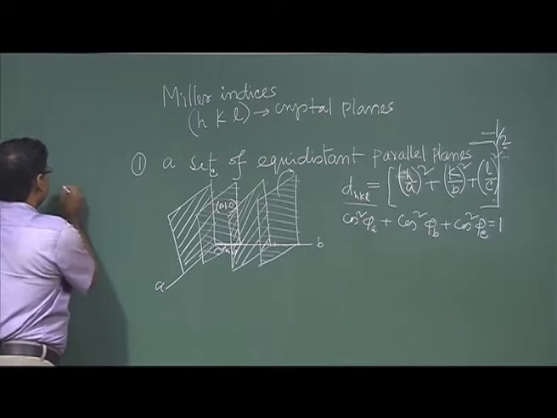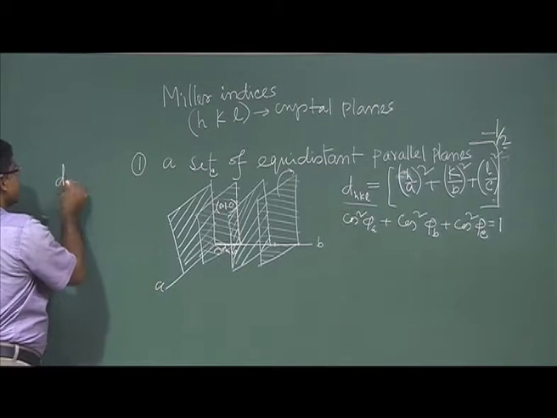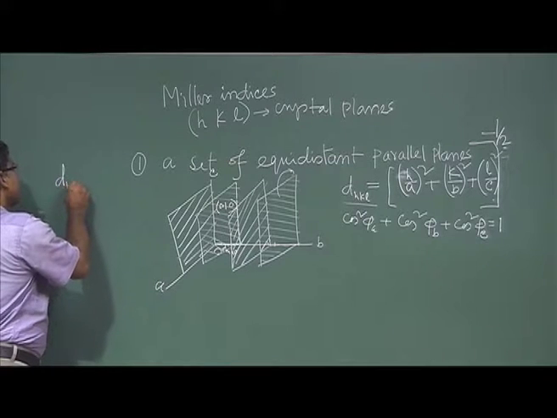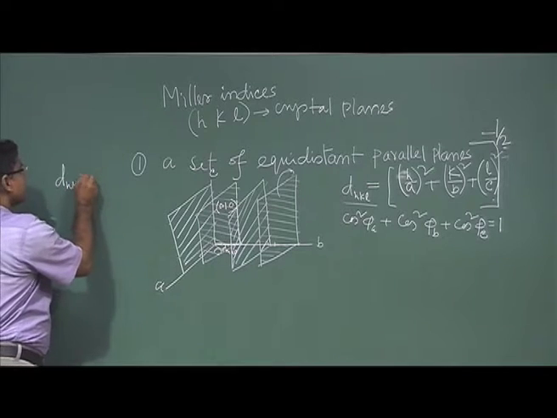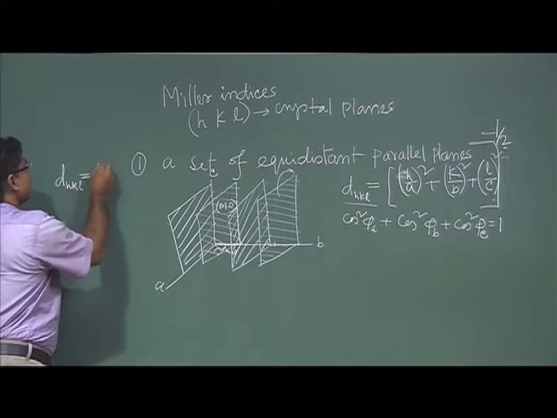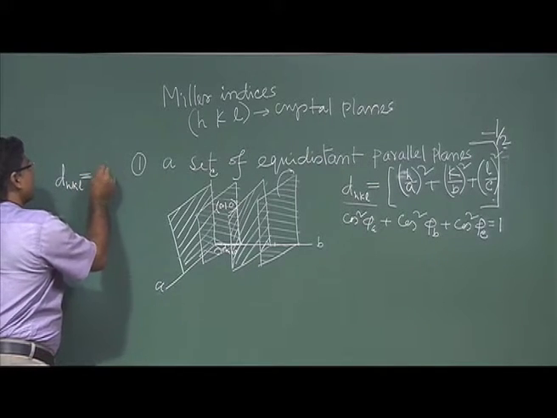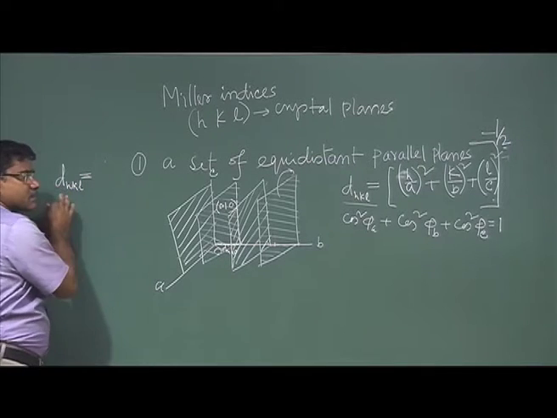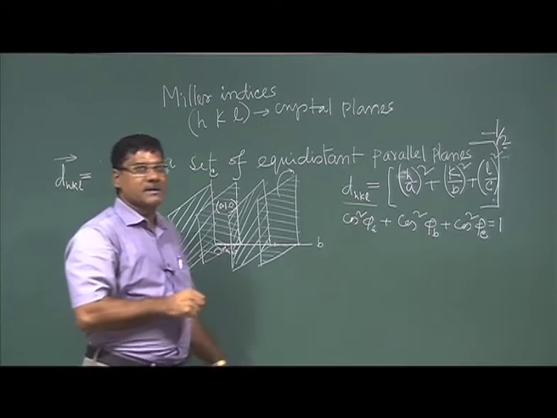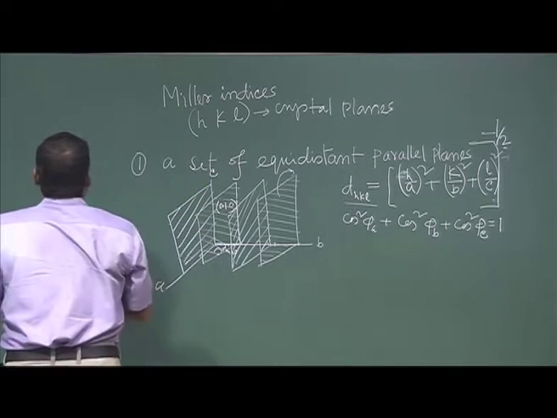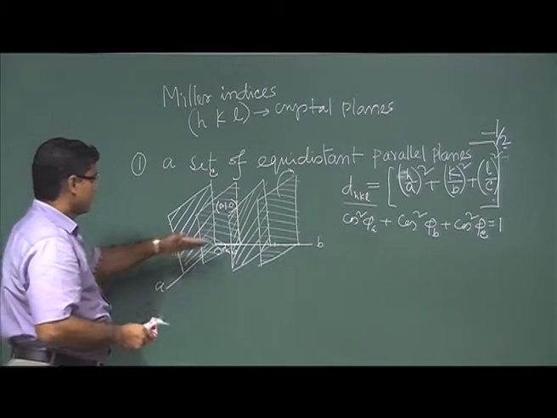If the normal is d h k l, we have seen the angle between the normal direction and the a axis.